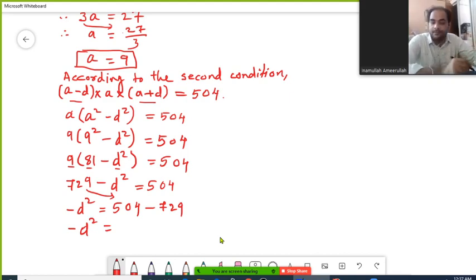Here we have 9d squared because this 9 will multiply with this 81 as well as this d squared.